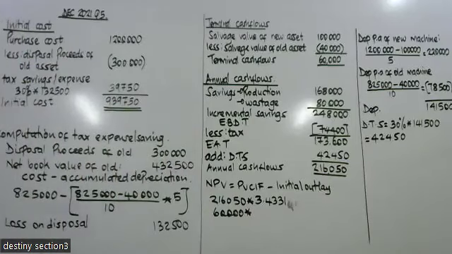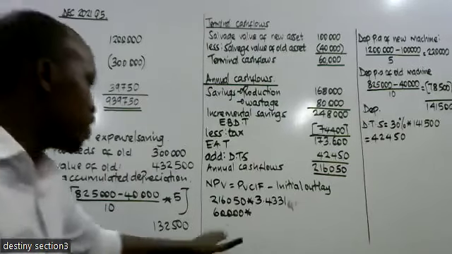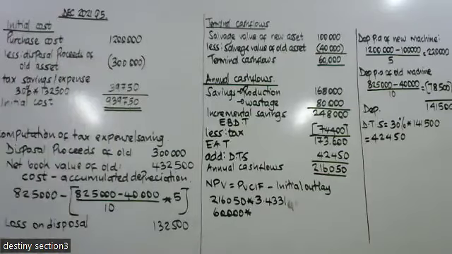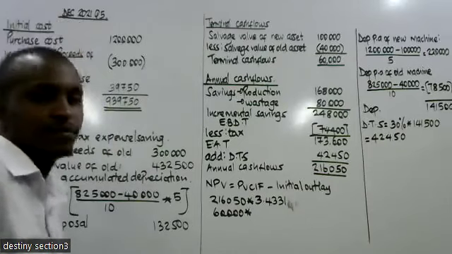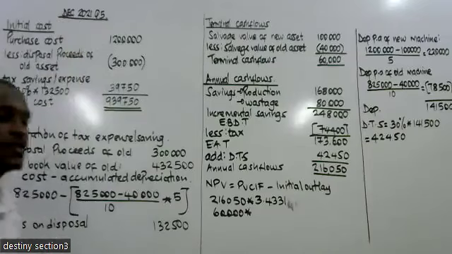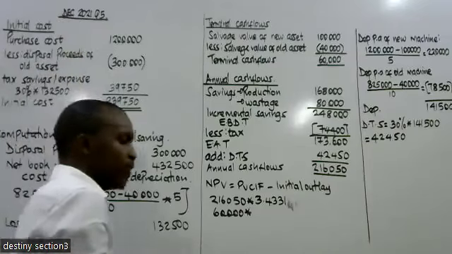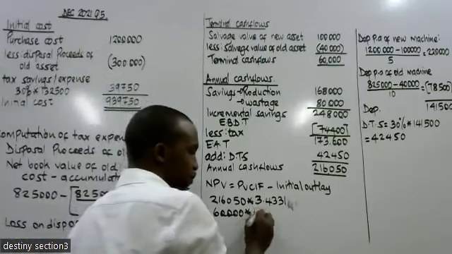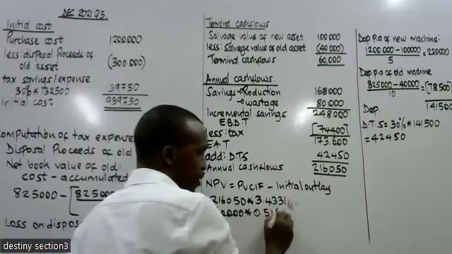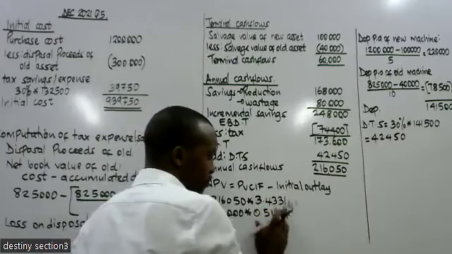So go to your tables and discount these terminal cash flows, or identify the present value interest factor at the end of the 5th year. This is a lump sum or a single amount. So you're using your present value interest factor at the end of the 5th year. 0.94.